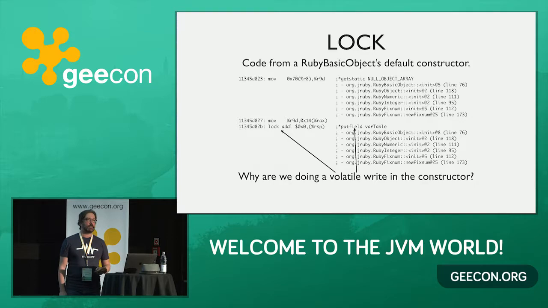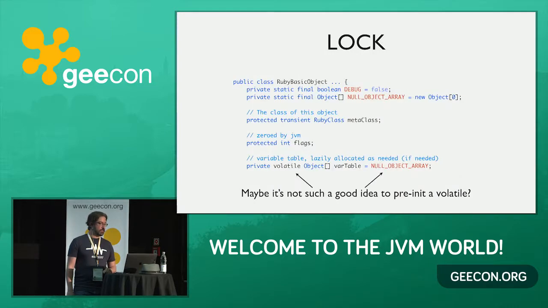And like I mentioned, this bloody lock instruction shows up in there. Now, I know for a fact that this default constructor for RubyBasicObject does nothing. Why is there a lock operation happening in there? It's not synchronized. It's nothing like that. Turns out that this change was not such a good idea.